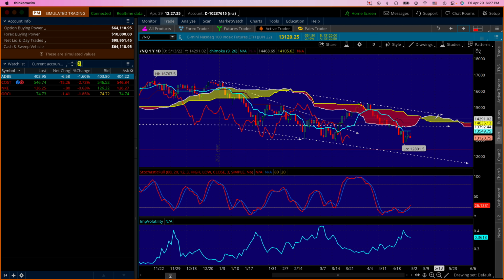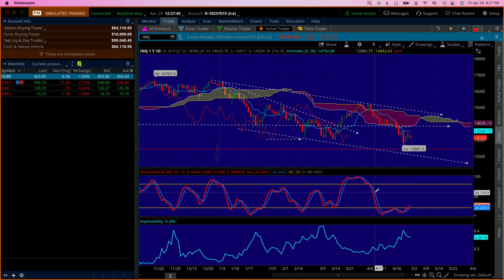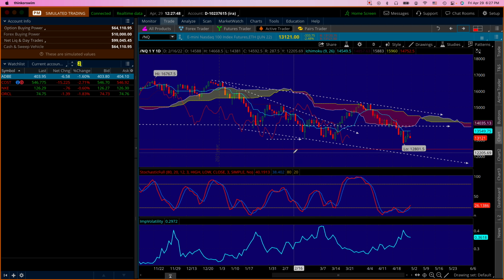You see how it briefly got into yellow as the market went to a new high here and created that channel, but now it's red again. So I'm quite bearish, but you never know, these things may reverse.